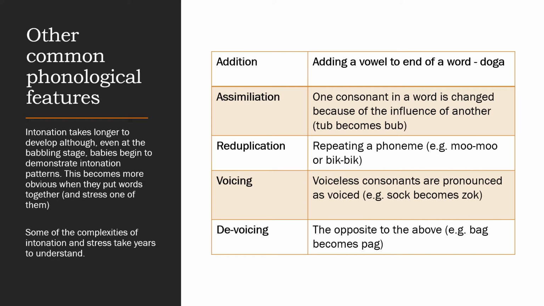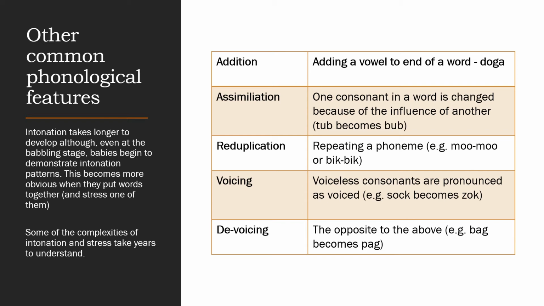The t, the alveolar plosive, has assimilated to the final b of the word, and changed to the b itself. The t has started to prepare to become b a bit early and has turned itself into bub rather than staying as tub.